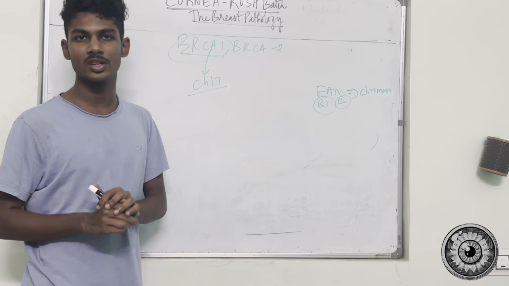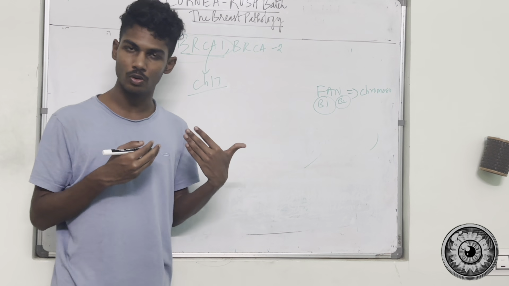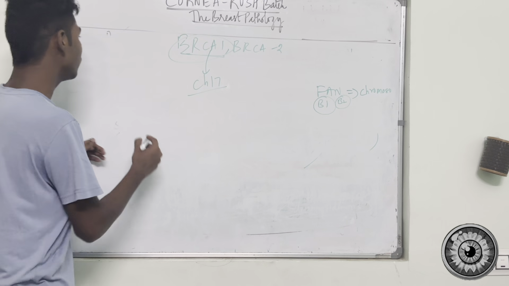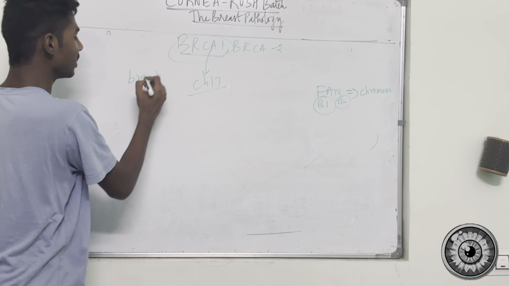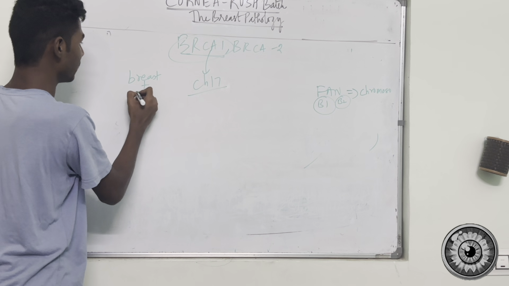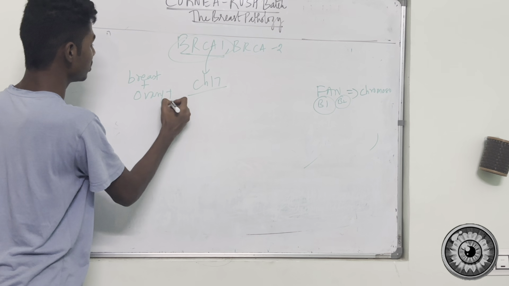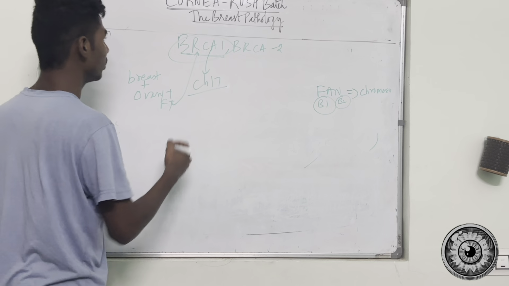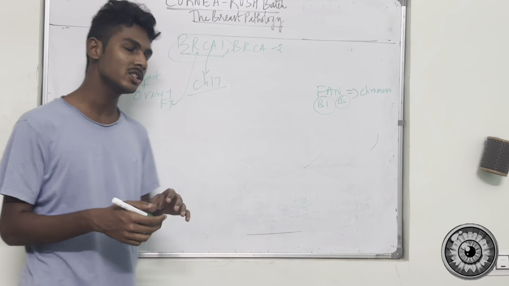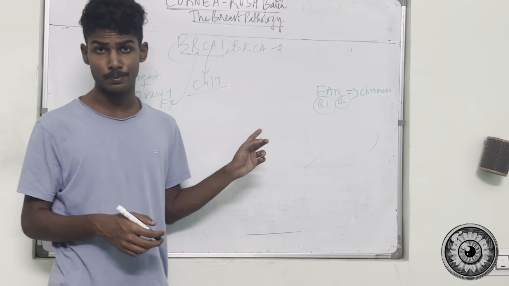A patient with a BRCA1 mutation can have breast cancer and metastasis. When a patient comes with complaints of breast cancer plus tumors of the ovary, also involving the fallopian tube, you can suspect a BRCA1 mutation. If it is in males, it means breast plus prostate.